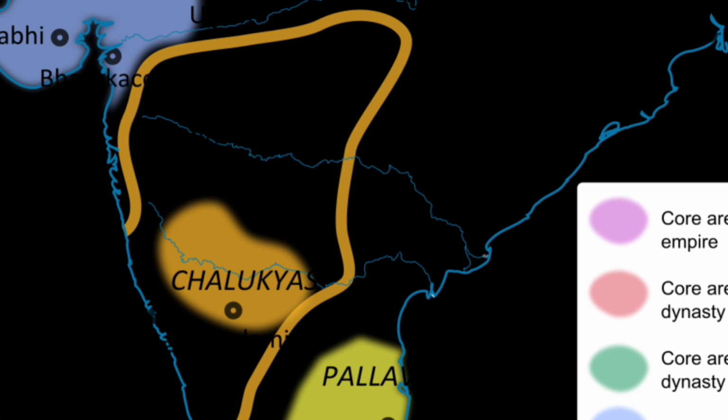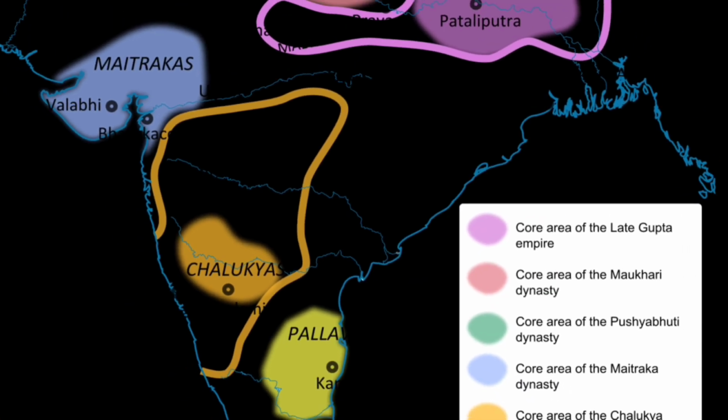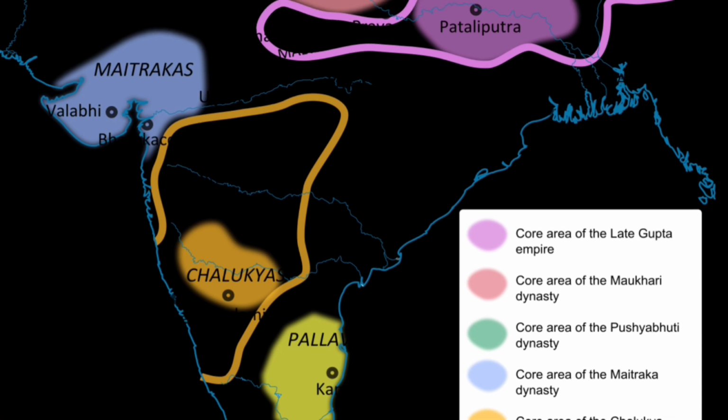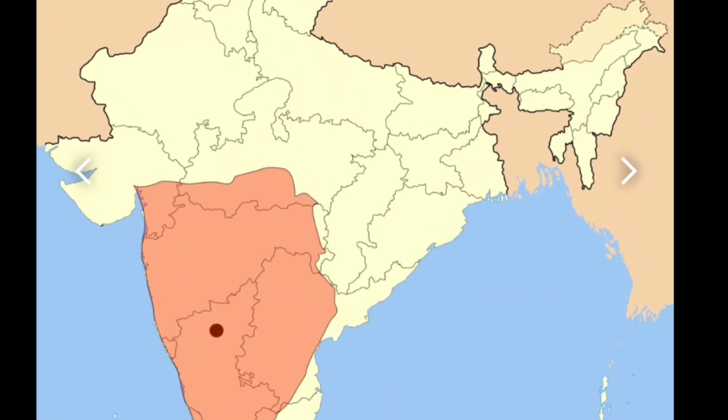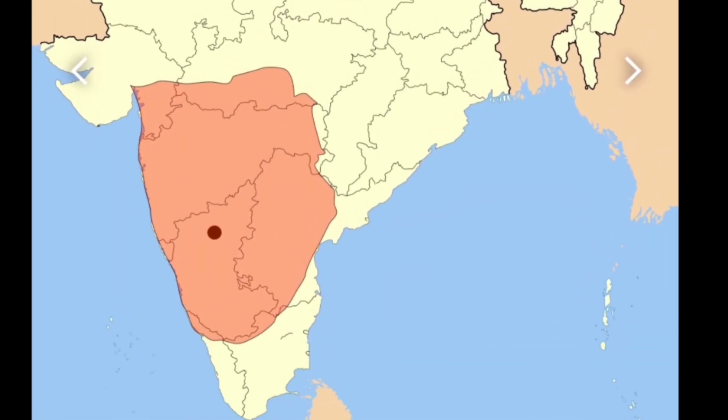After that, Pulakesin II took help from his brother Kubja Vishnuvardhan and expanded his empire towards the Andhra region, where Vishnuvardhan carved out a new empire for himself. These were known as the Vengi Chalukyas because they defeated the Andhra Vengis.